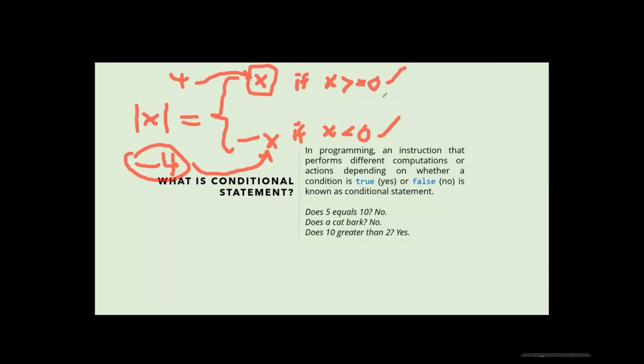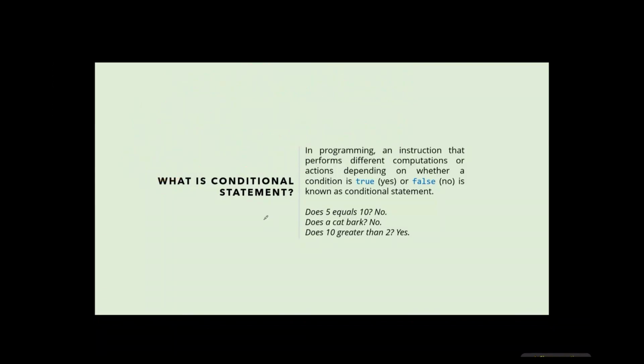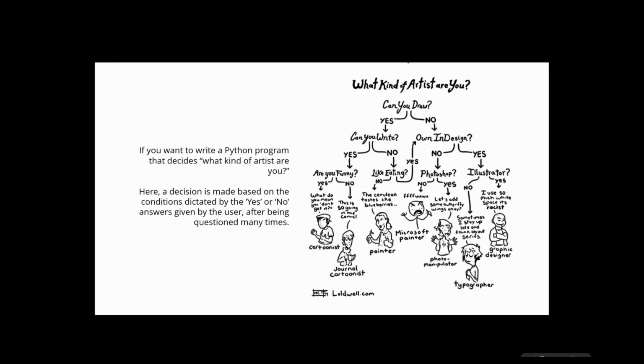If x is greater than or equal to 0, then your action is to give positive x. If x is less than 0, then your next action will be minus x. So things like that, yeah? This is an example of the conditional statement.